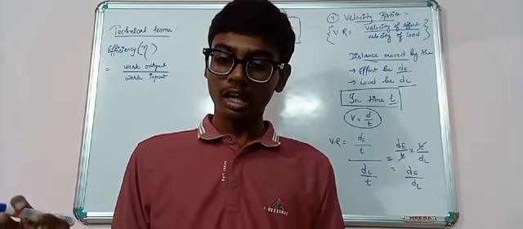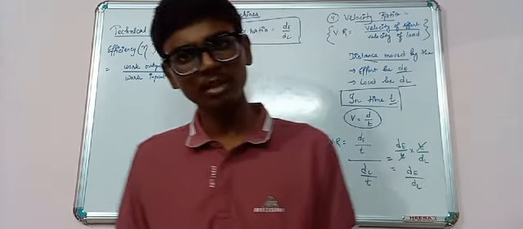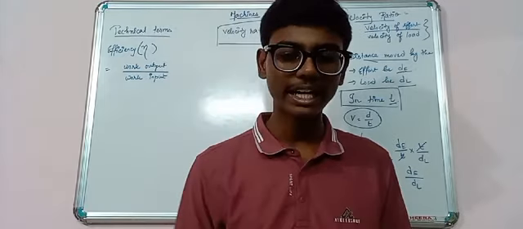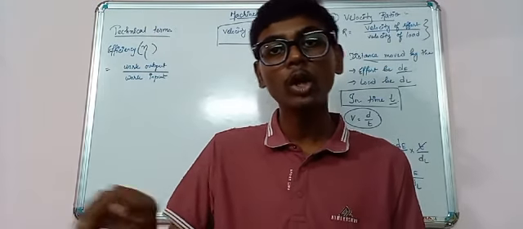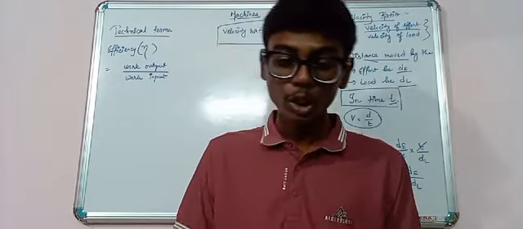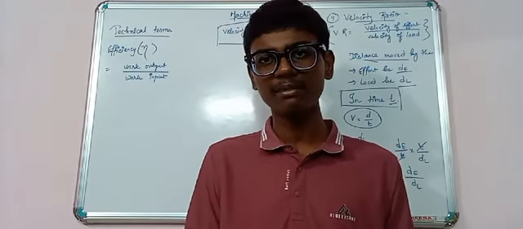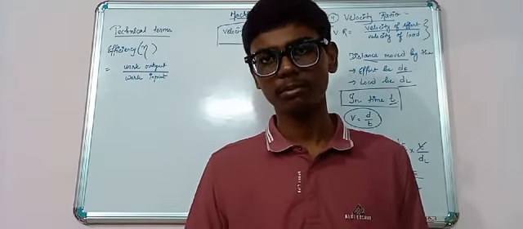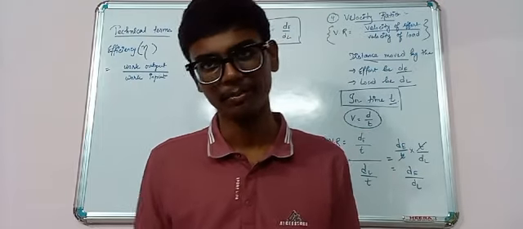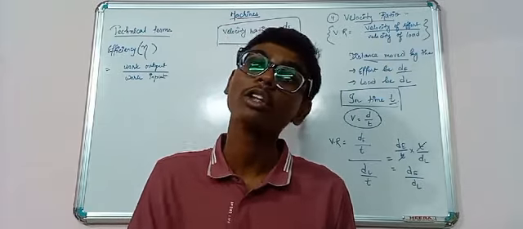Now, one thing you will have to know, it's a bit confusing, but let us just simplify it. Efficiency of the machine is the ratio of the work done on the load by the machine to the work done on the machine by the effort. This "on" and "by" is a bit confusing, so let us understand it in a simple manner. See, effort is the force that you are applying on the machine.